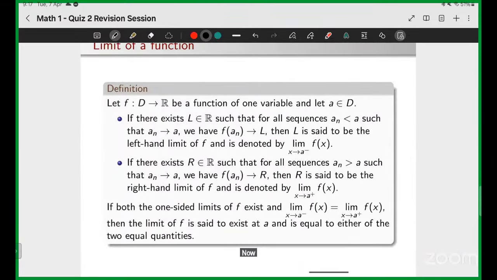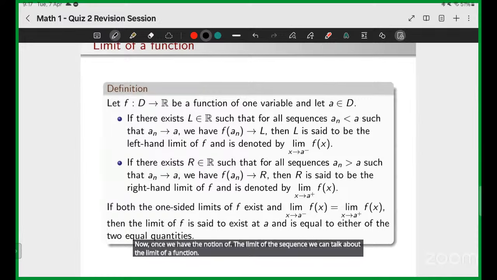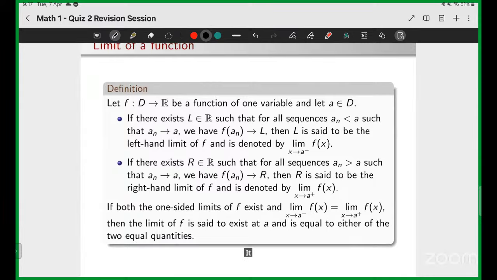Now, once we have the notion of the limit of a sequence, we can talk about the limit of a function. It might seem convoluted why we define it in terms of sequences, but this allows us to make a rigorous definition.